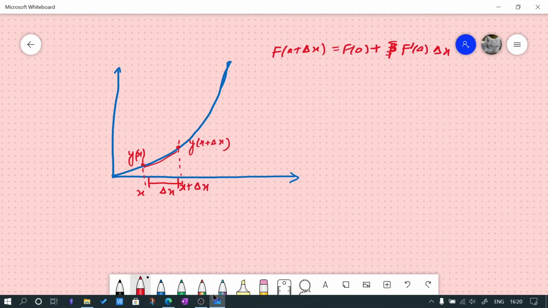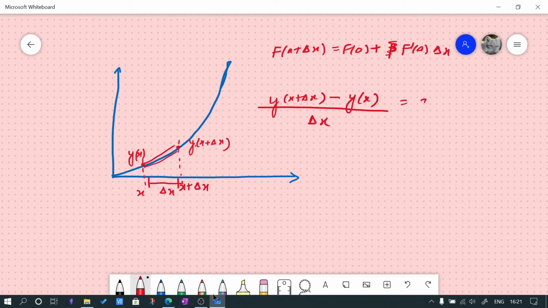So assume this is a curve and I want to find the value of y of x plus delta x. I can do it by first figuring out the slope of this line. Since we are assuming this to be a straight line, it will definitely have a slope. The slope of the straight line is y of x plus delta x minus y of x upon delta x.